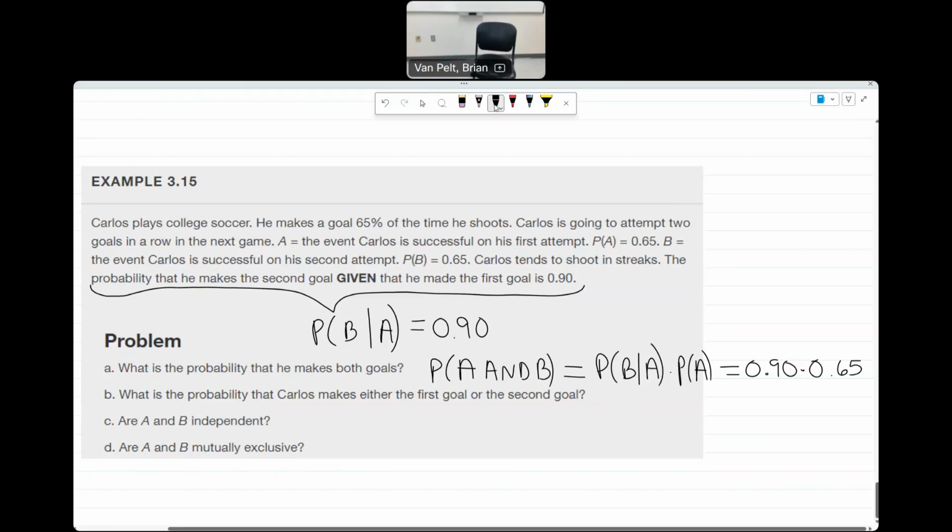Whatever that turns out to be, I get 0.5850.